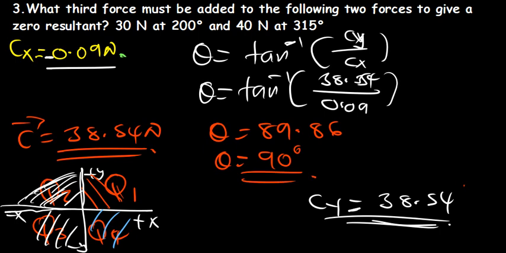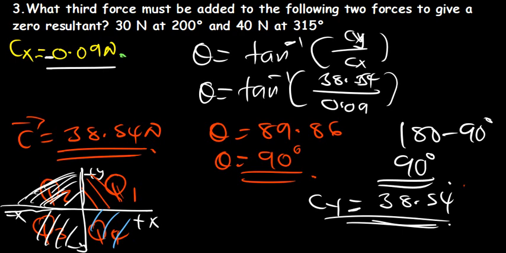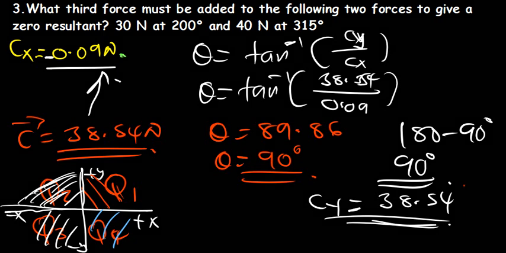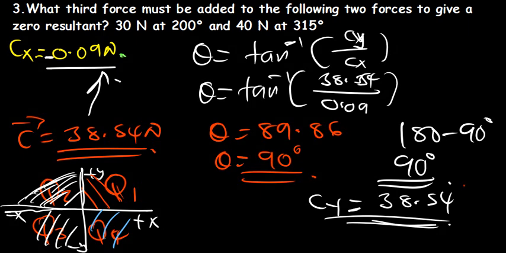This 90 degrees, what does it mean? What it means here is that I have to say 180 minus 90 degrees. Again, it's going to be 90. This is the direction of this vector, meaning it was going toward the north. So that is it for this question.